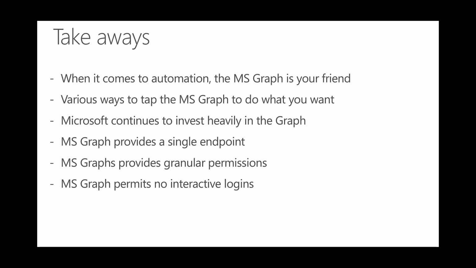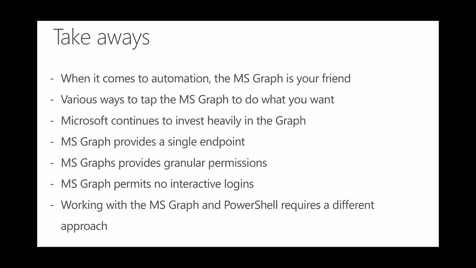All right, and the idea here is it does permit non-interactive login. So as I've shown you there, we can run a script that bounces through multiple tenants to give the result that is desired without having to log into every single tenant. So again, it allows you to do non-interactive logins where the user doesn't put their details in and so on. And working with the Microsoft Graph and PowerShell requires a different approach.